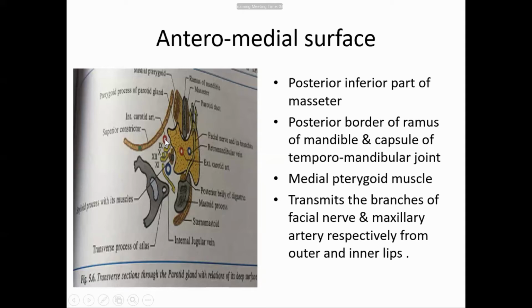In between the internal carotid artery and the internal jugular vein run the 9th, 10th, 11th and 12th cranial nerves. Anteriorly is the internal carotid artery, posteriorly is the internal jugular vein, and in between are the last four cranial nerves: glossopharyngeal, vagus, accessory and hypoglossal nerves.